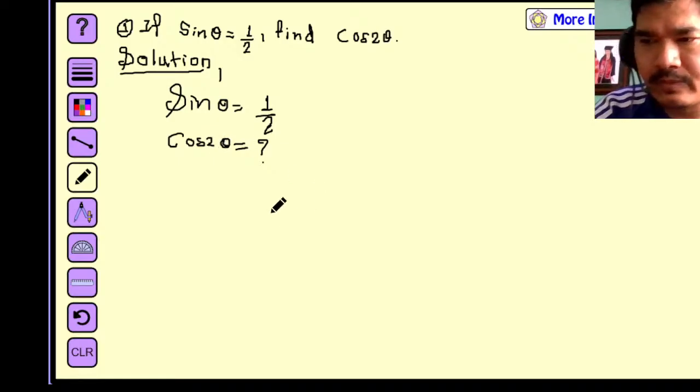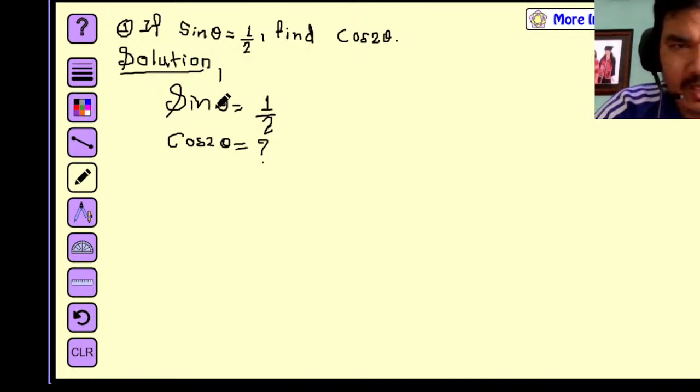In multiple angles we have many formulas of cos 2 theta, but which formula we use mainly depends on the given value. I have just shown the cos 2 theta formula in many terms. Look here at the first one.